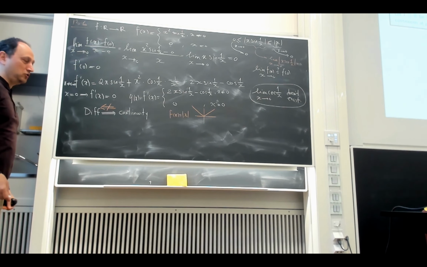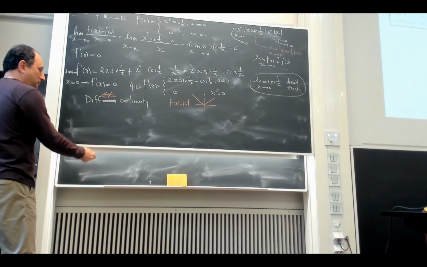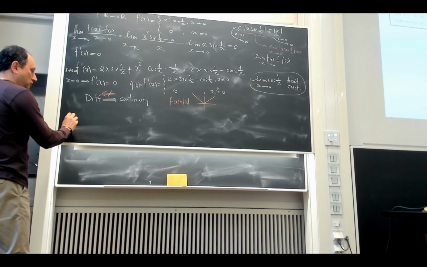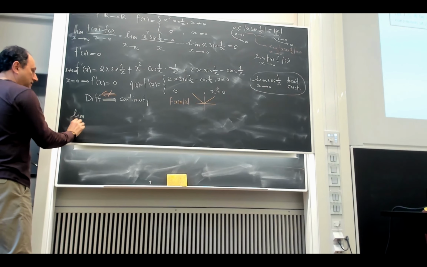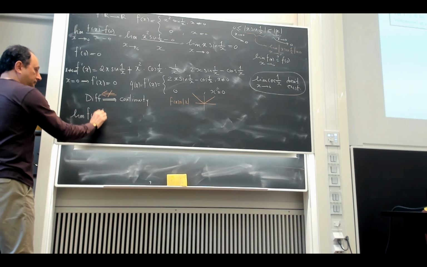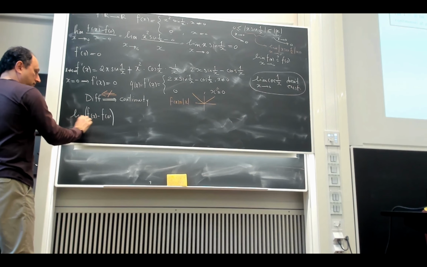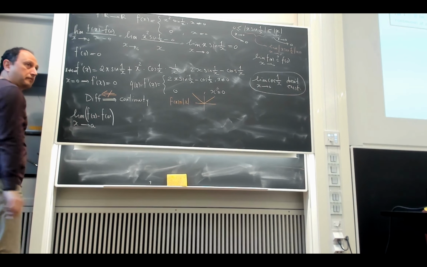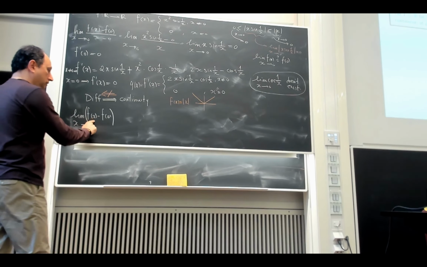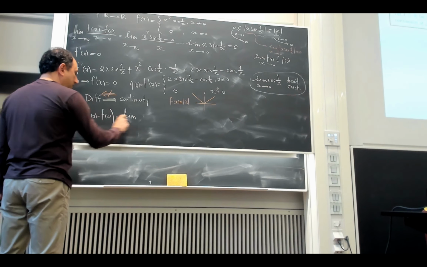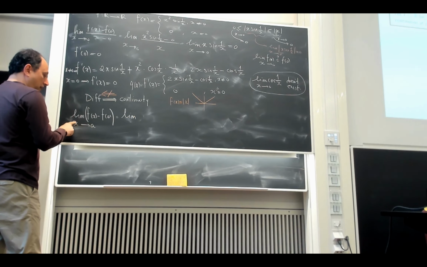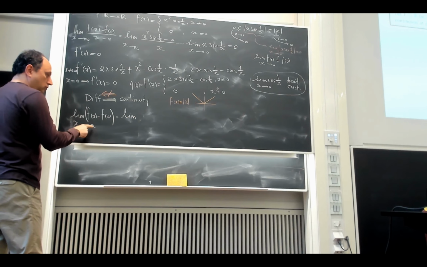A hand-wavy argument is not bad here, and the proof is not hard. Let us calculate this limit when x goes to a. How can I write this? Because when x approaches a, I am on the safe side, x is not equal to a.